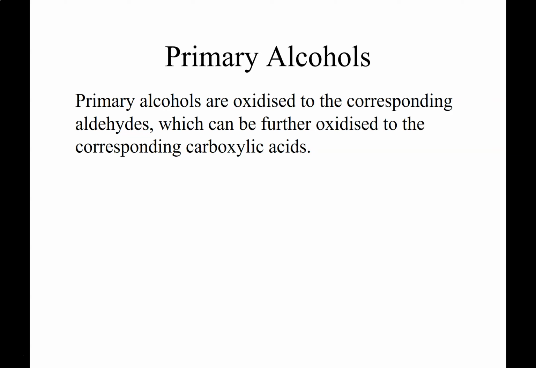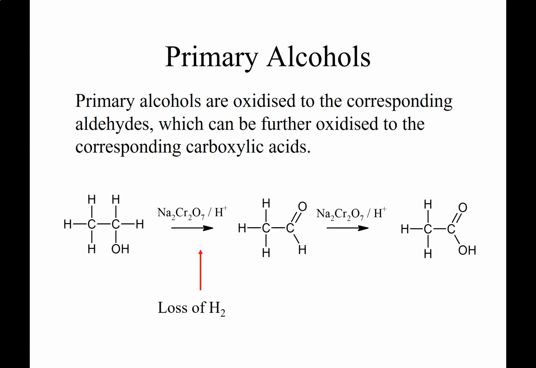So if we take an example, we have ethanol as our alcohol here. Okay, it's oxidized. We can say it's oxidized because of the loss of H2, of hydrogen. And we can say it's oxidized over here because of the gain of oxygen. Okay, so that's more going back to a junior cert almost description of oxidation and reduction. The loss of hydrogen or the gain of oxygen.